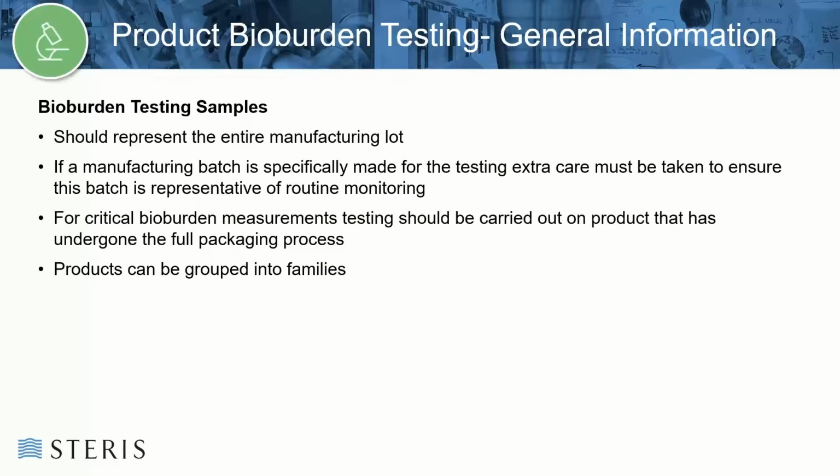If products in the family are considered equivalent, these representative products can be chosen for routine monitoring of the family, or other members of the family can be selected on a rotational basis. The rationale for the selection of products included in the family, including the choice of the master products, should be documented by the manufacturer and maintained in the quality system.